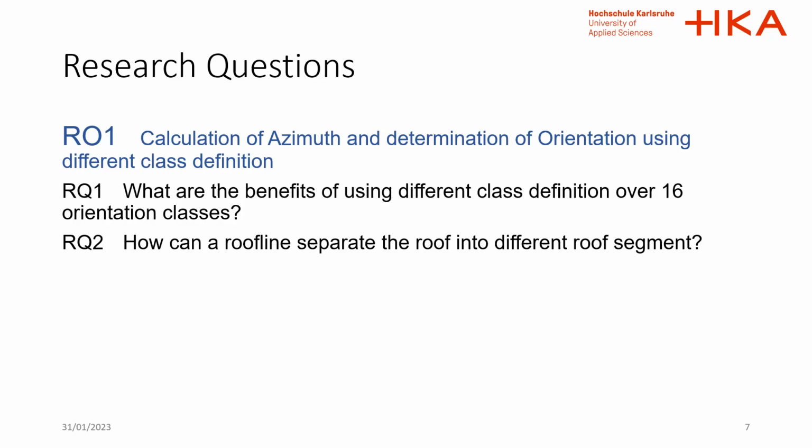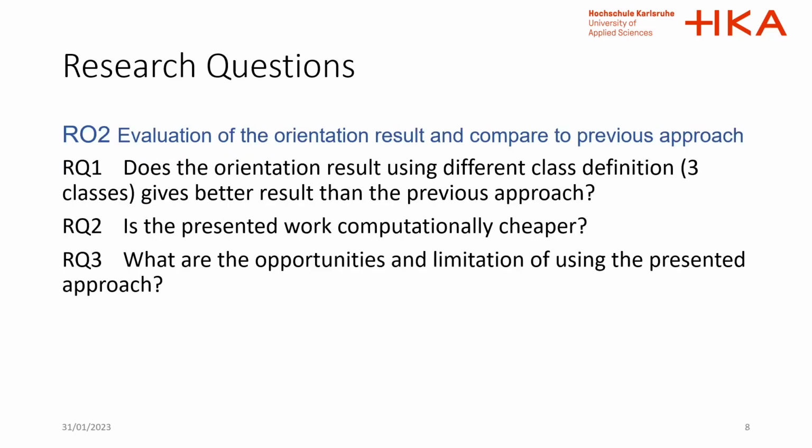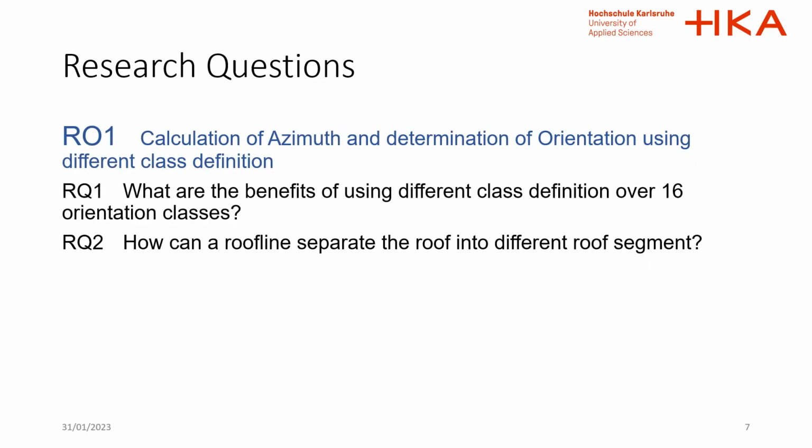I'm not going to the second research question, I'm just going to discuss research objective one. So our main theme is research question two, the main part: how can a roof line separate the roof into different roof segments?